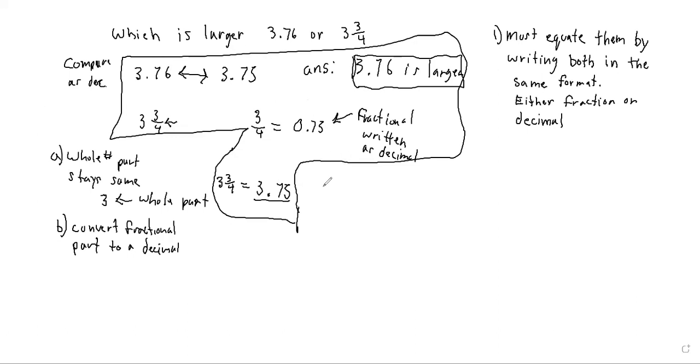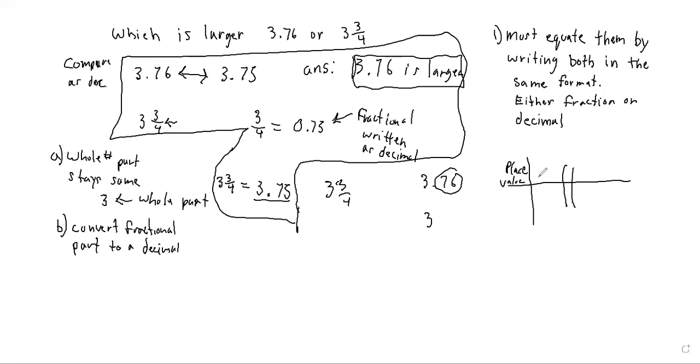All right. So we have 3 3/4. That was one fraction. Now we have to convert the decimal 3.76 to a fraction. Again, we're going to keep the 3, and we're just going to convert the .76 to a fraction. The way we do that is remembering the place value system we learned long ago.